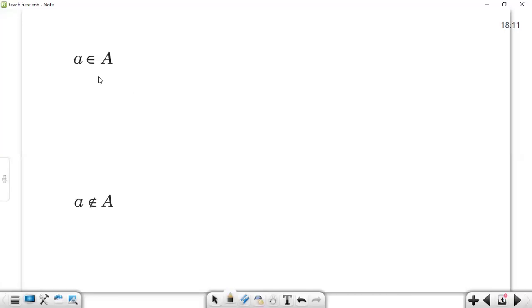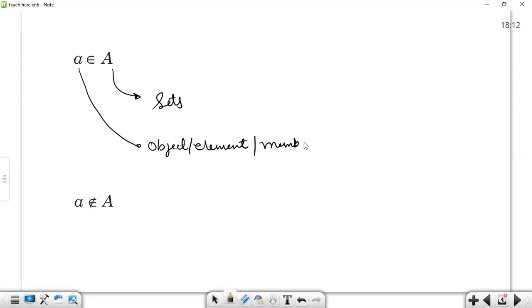Now let's discuss this symbol. As we discussed, the capital letter is usually used for sets, and the small letter is used for an object, element, or member of a set.